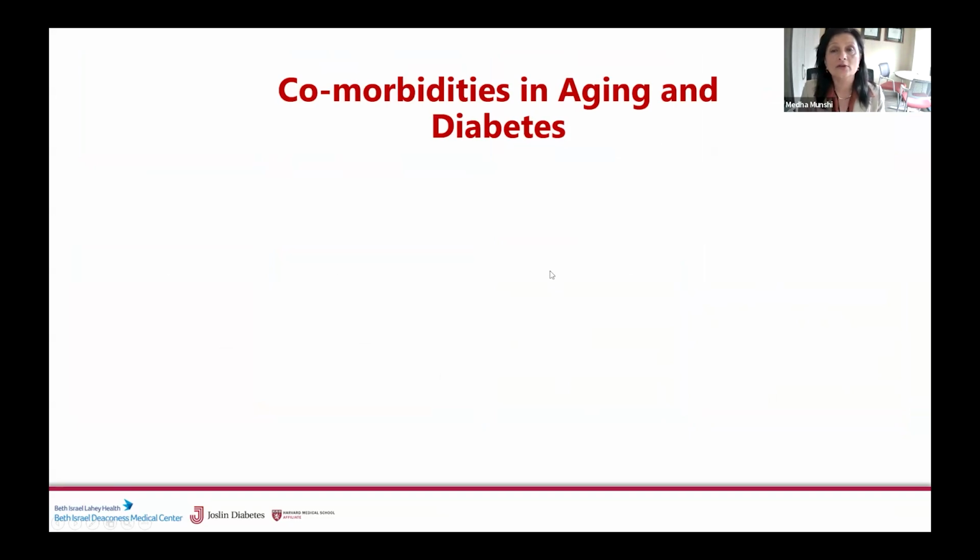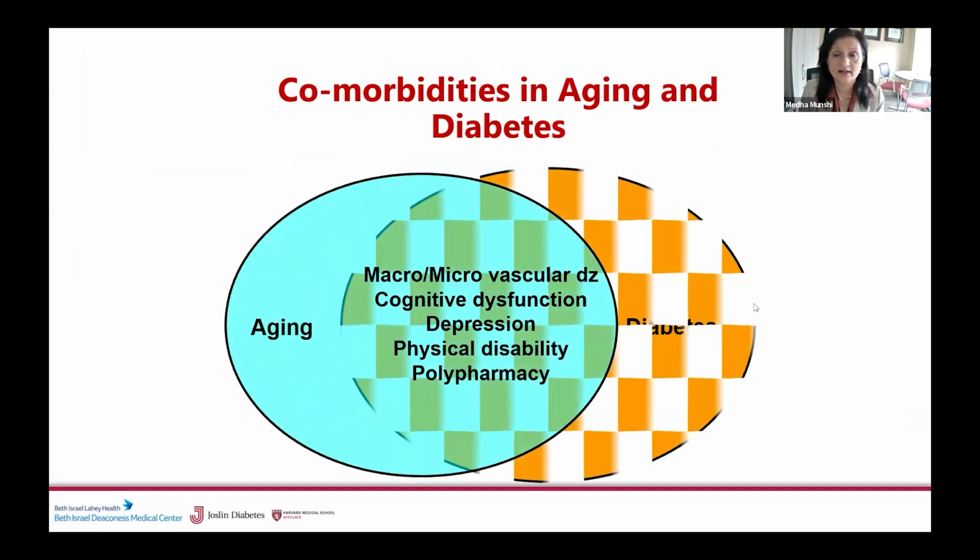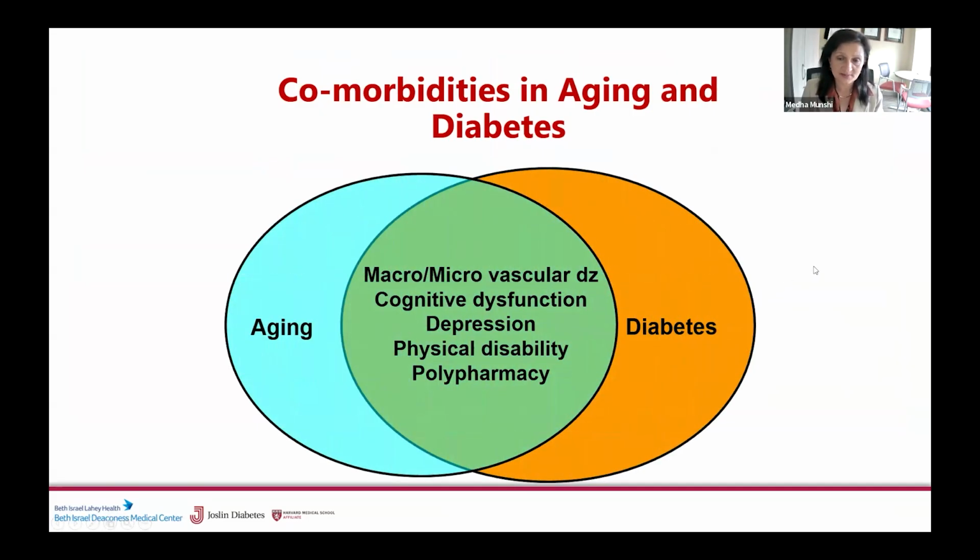And then finally, one of the major differences between younger and older adults is comorbidities. There are some comorbidities that are increased with aging as well as diabetes. We understand macro and microvascular diseases, we know why we should look for them and how to manage them. But conditions such as cognitive dysfunction, depression, physical disability, and polypharmacy, the so-called geriatric syndromes, occur with higher frequency in older adults with diabetes and are not intuitively looked for.